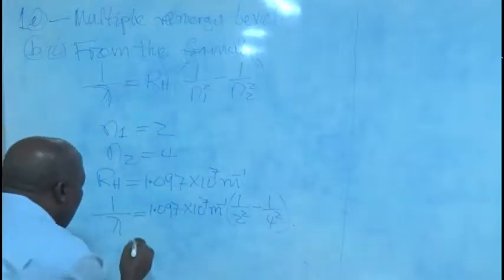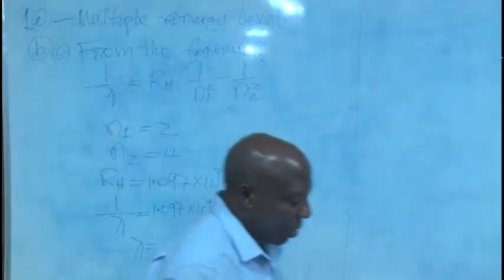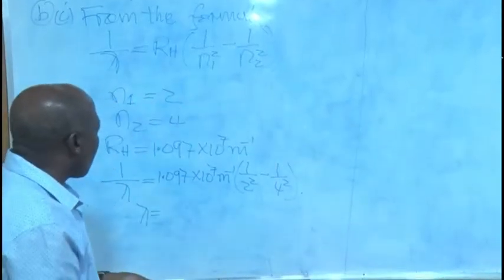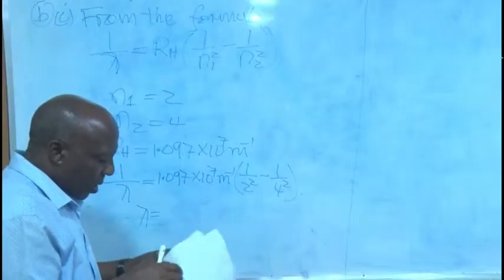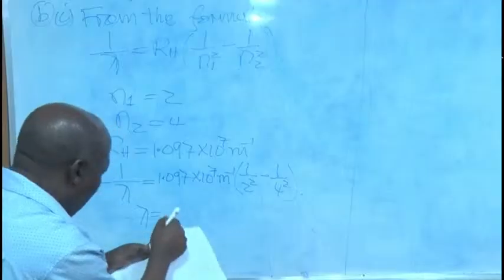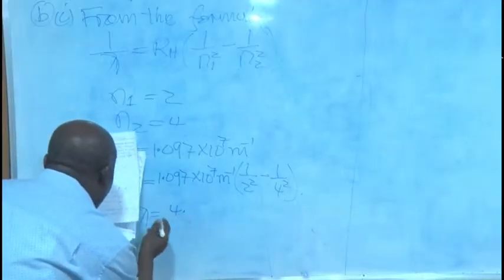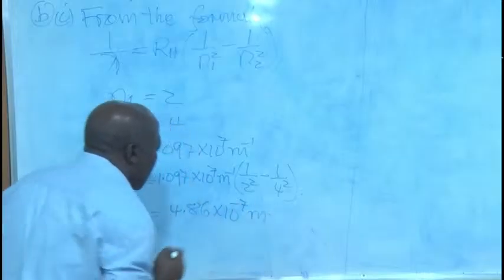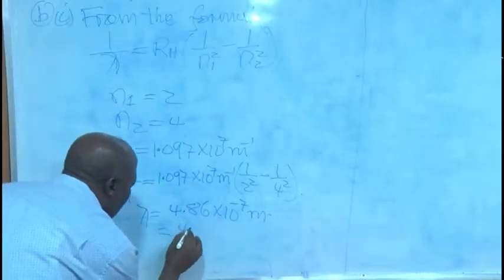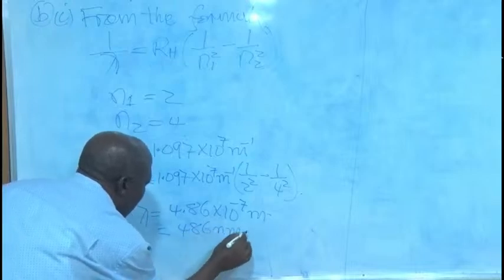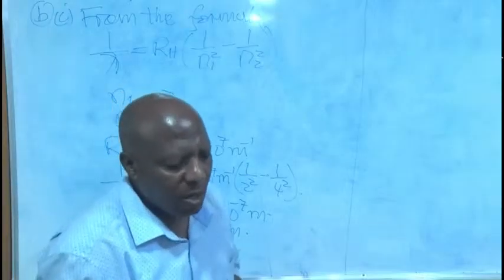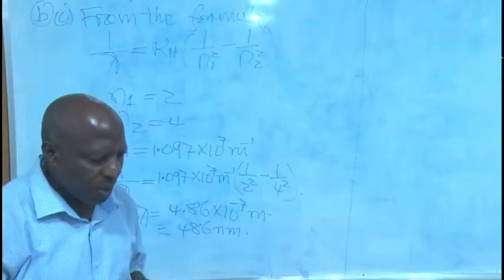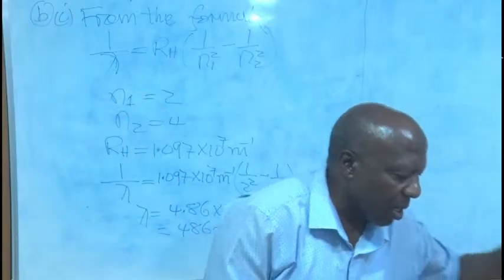Now if we do the calculation, finally the wavelength corresponding to the transition of the electron from n equals 4 to n equals 2 is 4.86 times 10 power negative 7 meters, or 486 nanometers. That is question number 1B Roman 1.